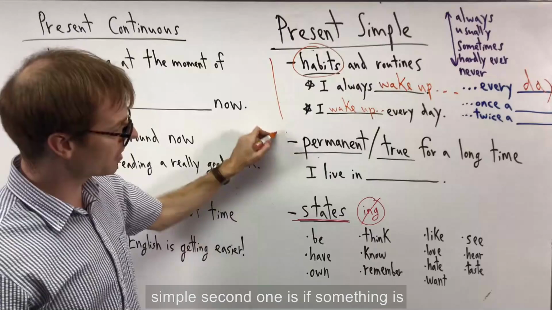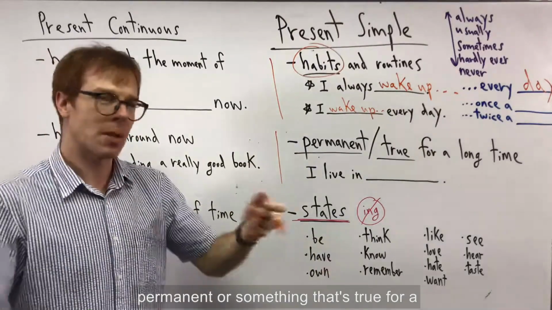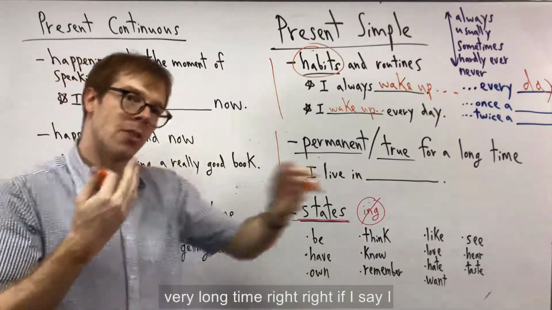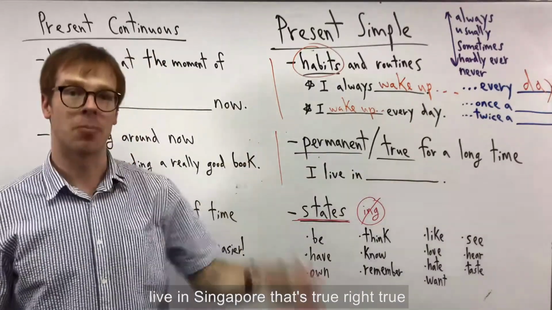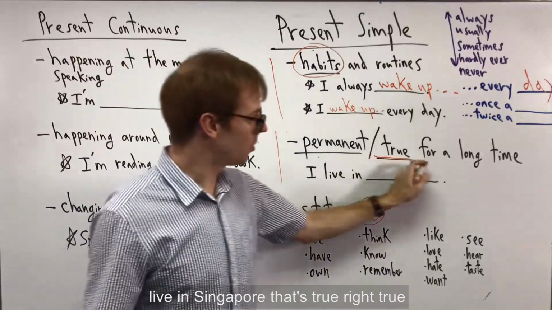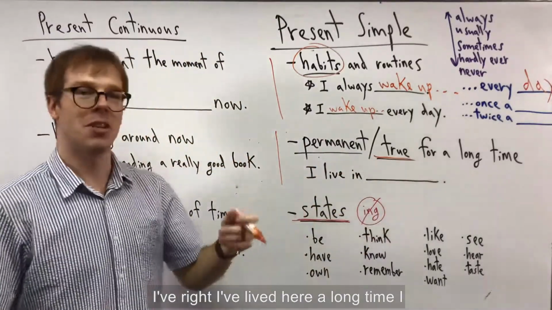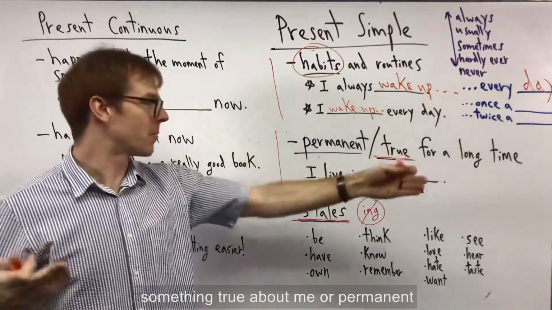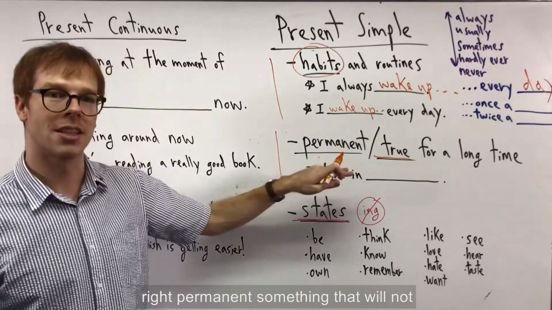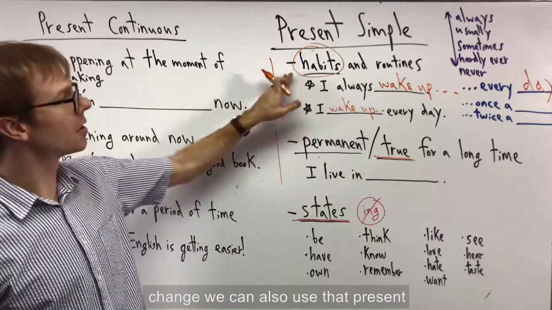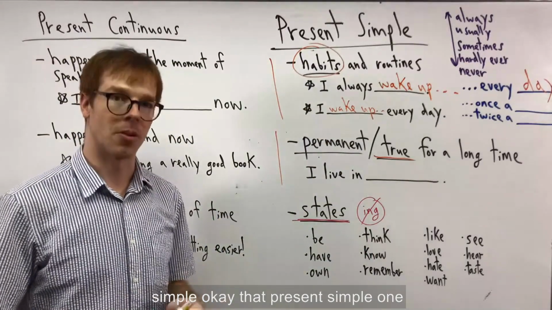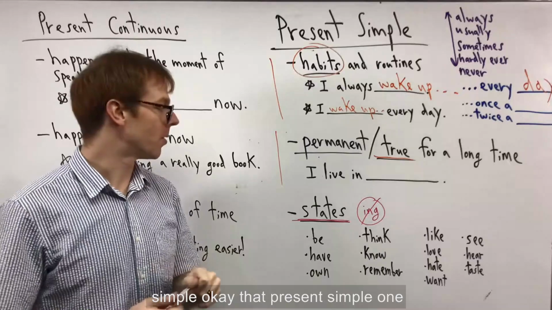The second one is if something is permanent or true for a very long time. If I say, I live in Singapore, that's true. I've lived here a long time. I live here, something true about me. Or permanent, something that will not change. We can also use that present simple.